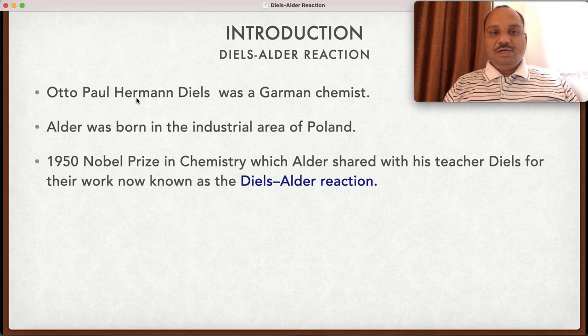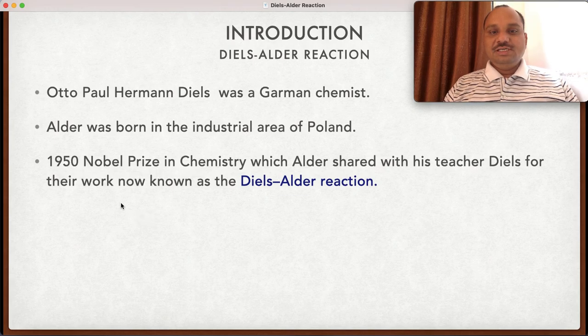Otto von Hermann Diels was a German chemist, while Alder was born in the industrial area of Poland. In 1950, the Nobel Prize in Chemistry was awarded to Alder, shared with his teacher Diels, for their work.